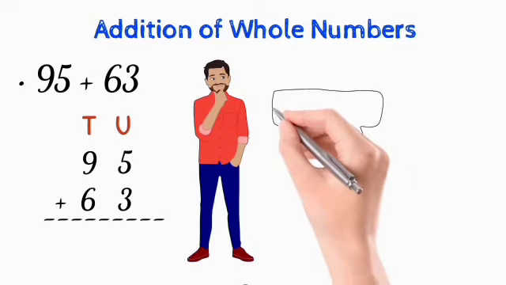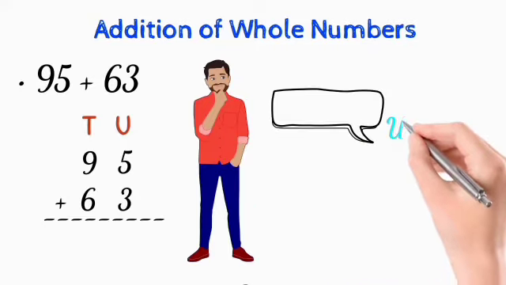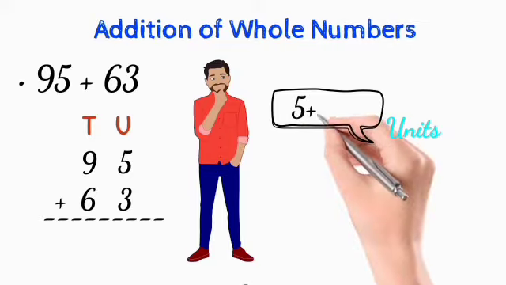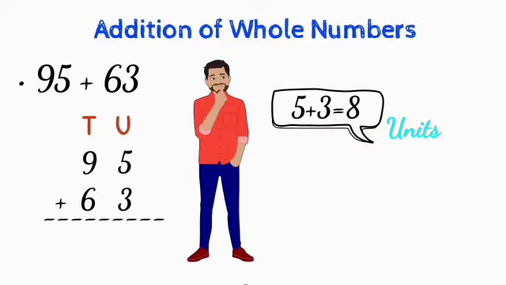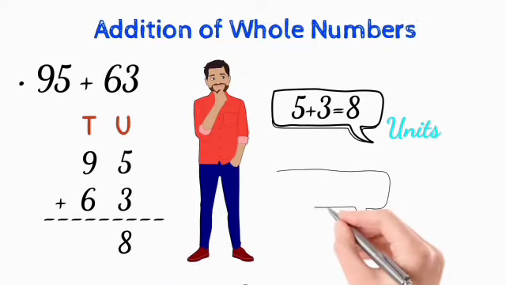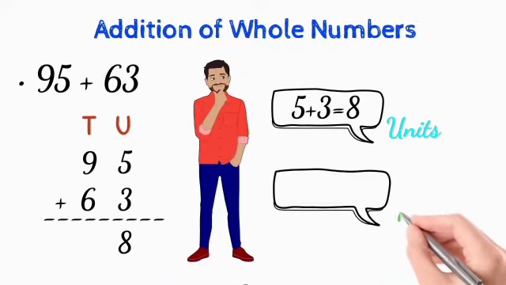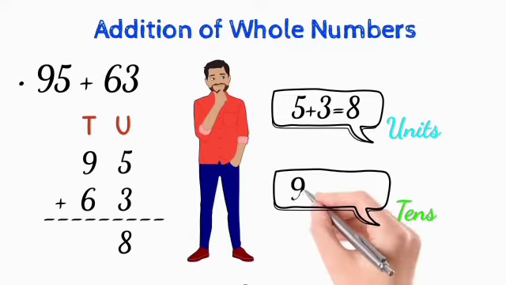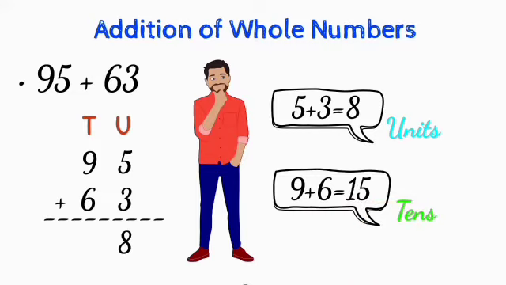We will start addition from unit place digits. 5 plus 3 is 8. Write 8 in answer at units place digit. Now we will add tens place digits. 9 plus 6 is 15. Write 15 in answer at tens place digits. Hence 95 plus 63 is 158.